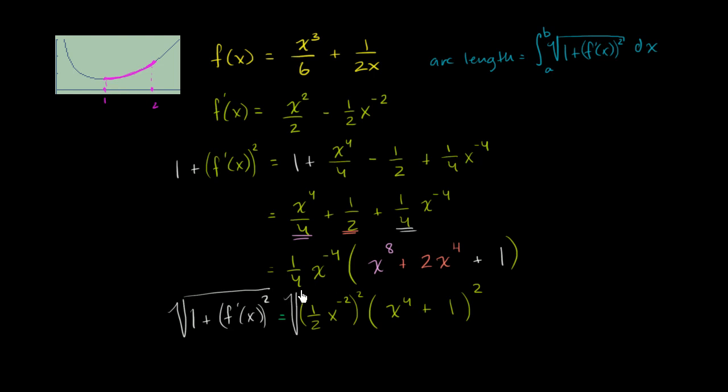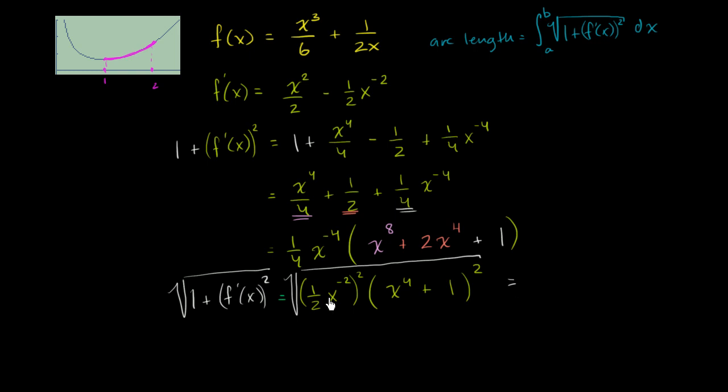So that's going to be equal to the square root of this, let me just color code it. This is going to be 1/2 x to the negative 2 power times x to the fourth plus 1 times x to the fourth plus 1. I did that right? Yep.